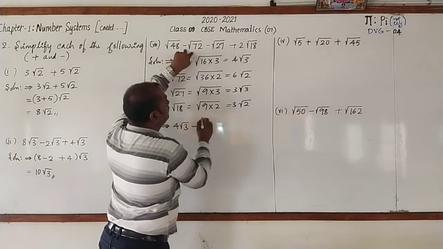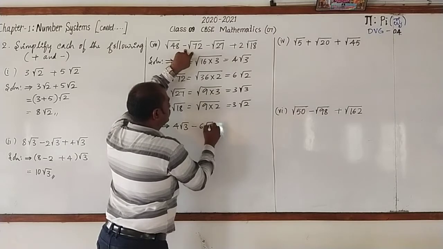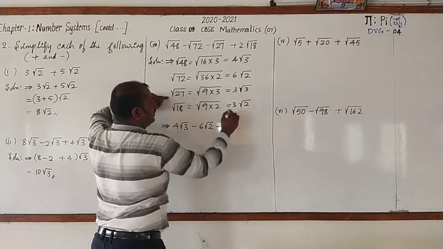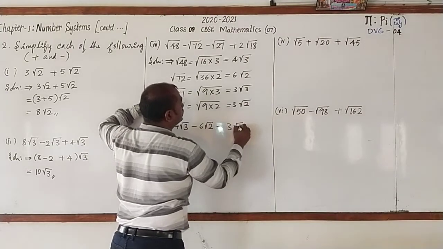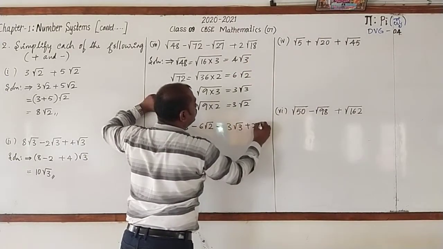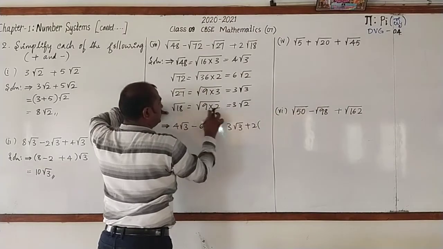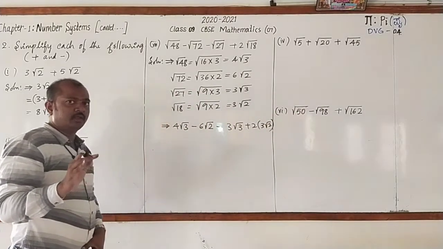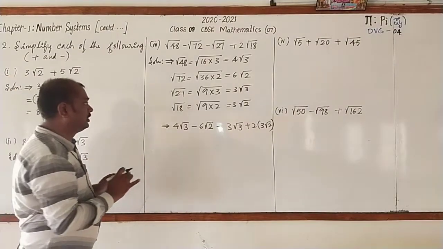Square root of 72 is 6 root 2 minus. Square root of 27 is 3 root 3, and one more, plus 2 into square root of 18, which is 3 root 2. Clear? I hope that you have understood it.